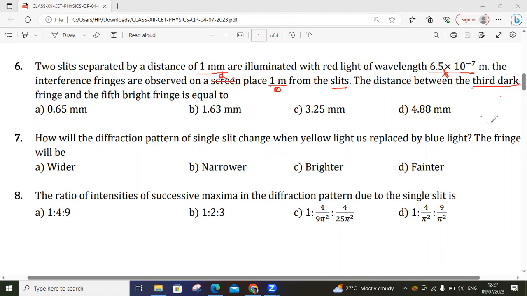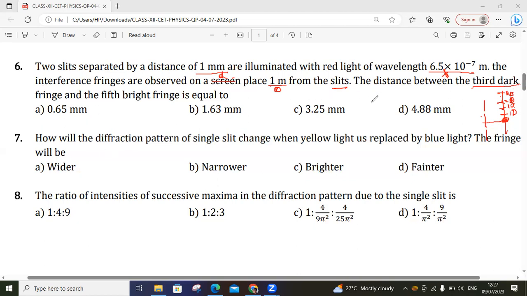So if you see this, suppose this is your screen. So here you will get your 0th bright fringe, then first dark, then first bright, like that second dark, then second bright. Like that, we are asking third dark and fifth bright.